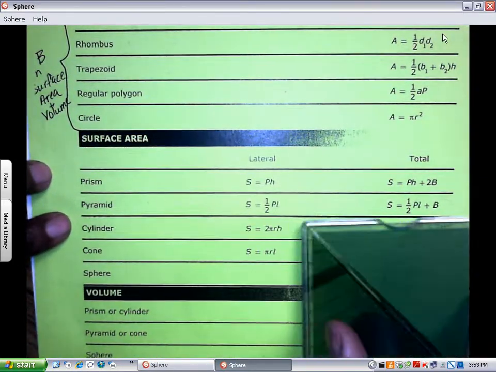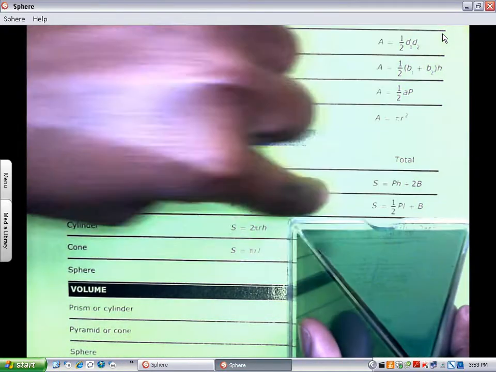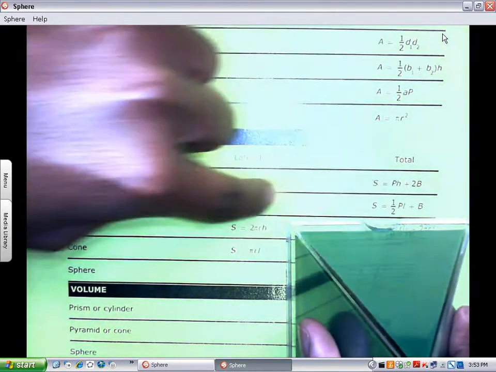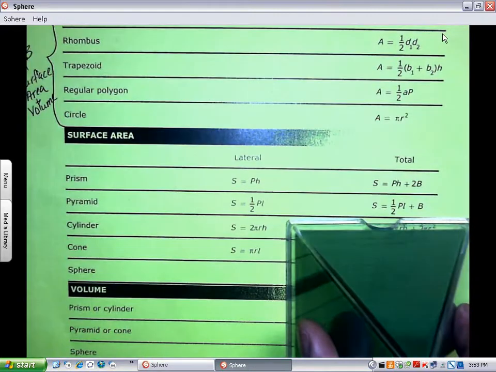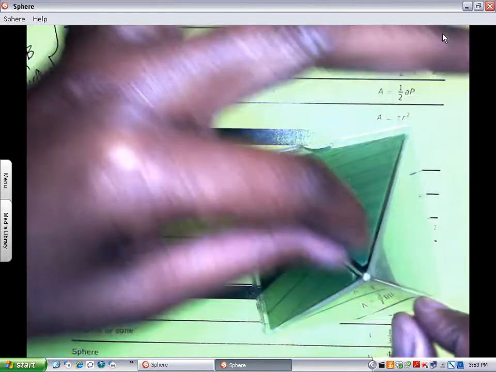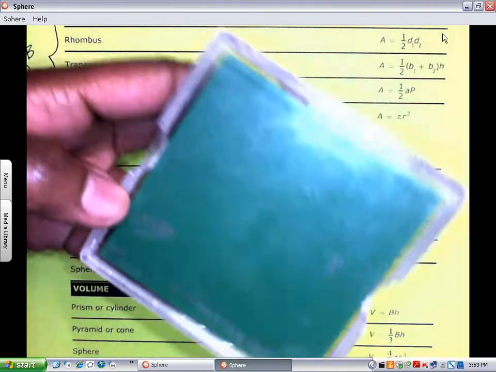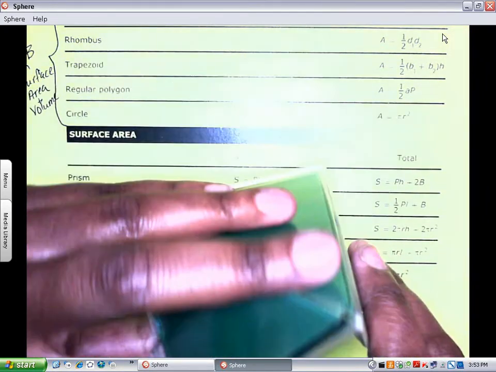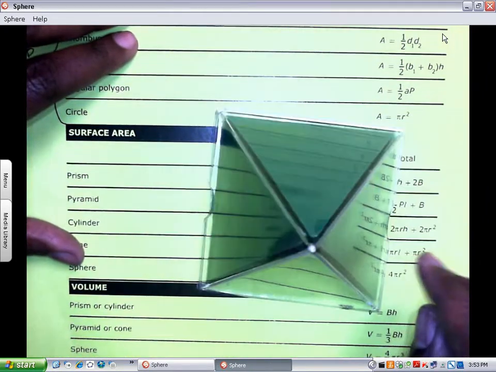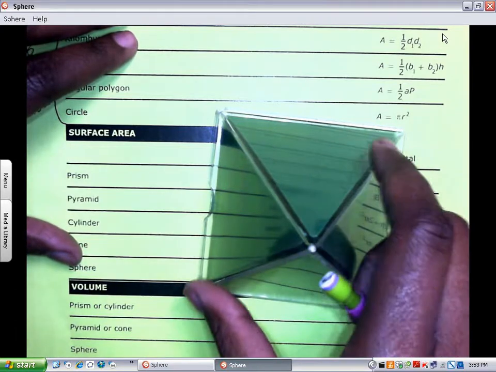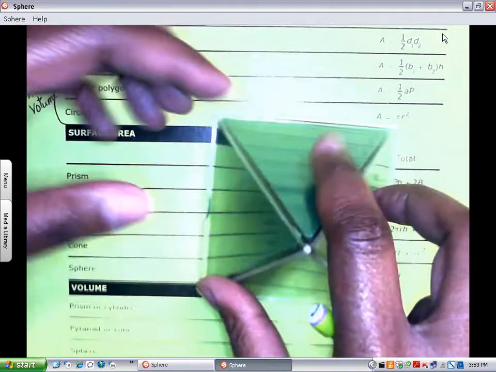And then for the total, you still find the lateral. Notice how it's the same, but then you add in the area of the base. So with this one, we'd have 4 triangles and then a square, and that would be finding our total surface area. So whenever you see pyramids, you want to think that all the sides are triangles and my base is some shape.